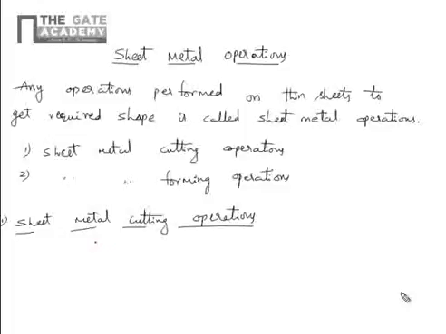If you want to cut any sheet, you need to apply a load more than ultimate stress. If you want to bend or change the shape of a sheet, you need to apply load more than yield stress. From the stress strain diagram, which is very important, this is the yield point and this is the ultimate stress.